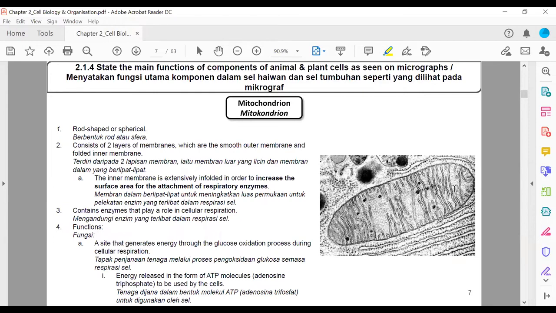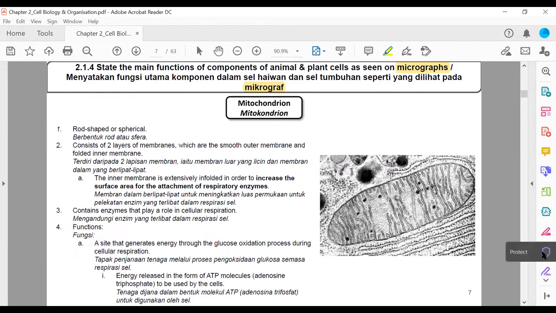So, saya nak ulang balik. Dalam DSKP, dalam sukatan, mereka menitik beratkan perkataan micrograph. In KBSM last time, they didn't mention about micrograph, but for you, they mentioned about micrograph. So micrograph seperti mana saya bagi tahu tadi, gambar yang sebenar yang dilihat di bawah mikroskop cahaya atau elektron yang ditangkap menggunakan kamera.